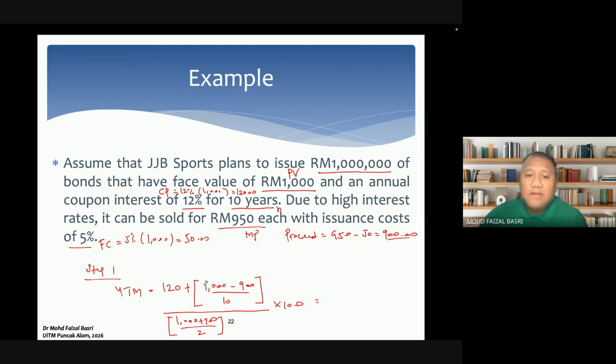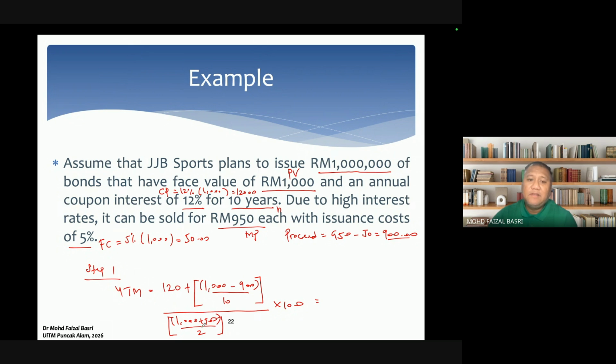Okay, so if you want it to be clearer, you can put a bracket here too, to indicate that we minus first in the bracket, and then we divide by 10, and then we plus 120. So this is the same. So we get 130 as our numerator. And then we're going to divide by the denominator at the bottom. So 1,000 plus 900 is 1,900.